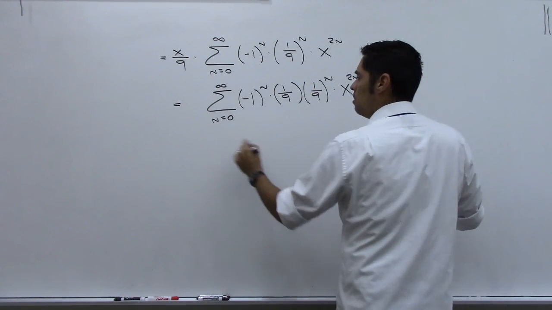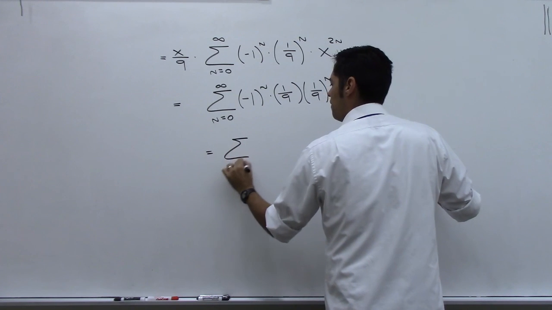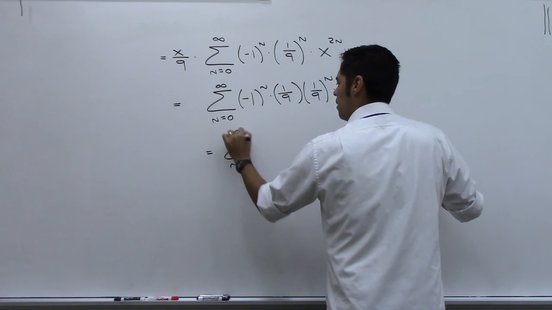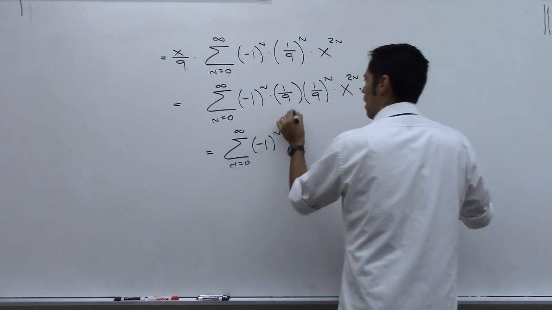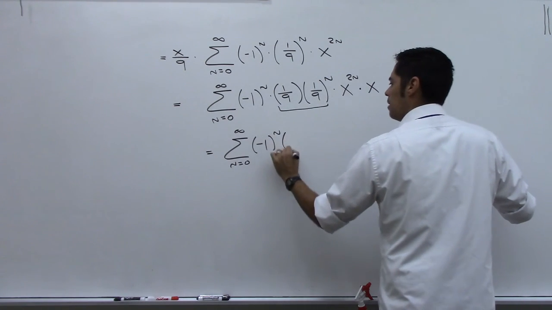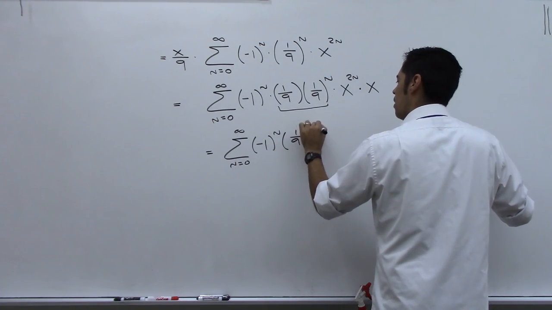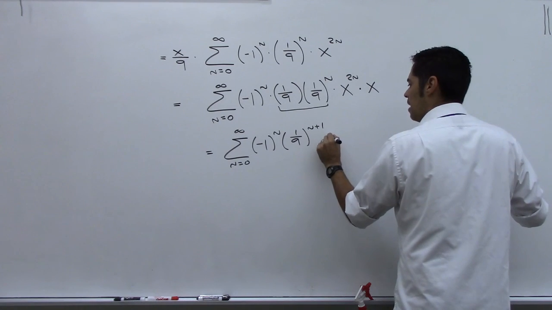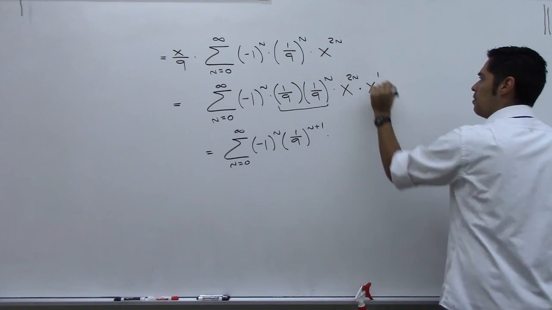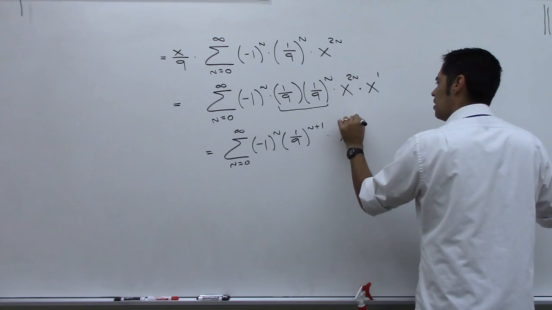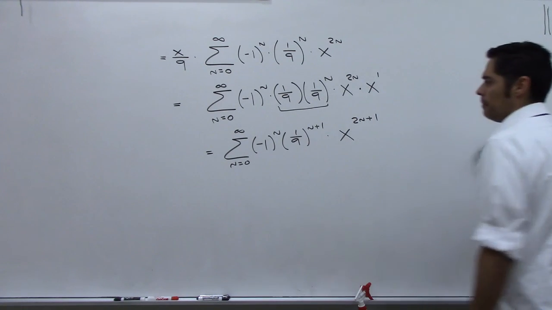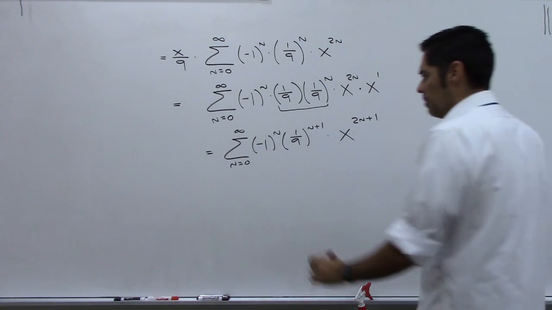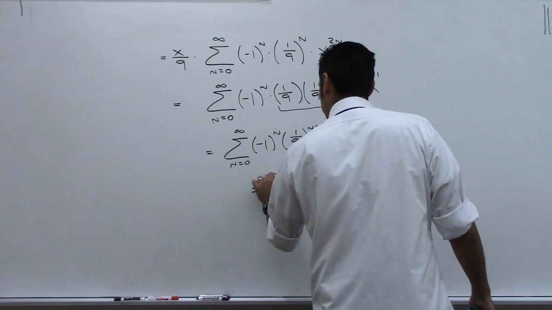So now, my sum, negative 1 to the n, I put these two together, that's 1/9 to the n plus 1, and then times, when I multiply these together, there's a 1 there, I add the exponents, x to the 2n plus 1. And we'll probably be able to go one more step on this.